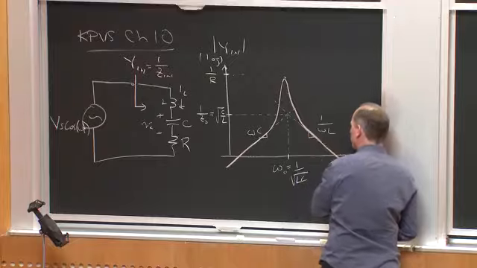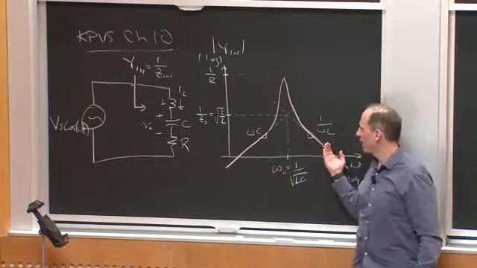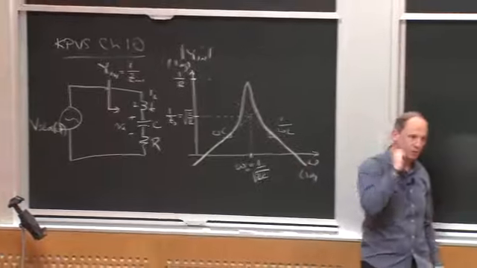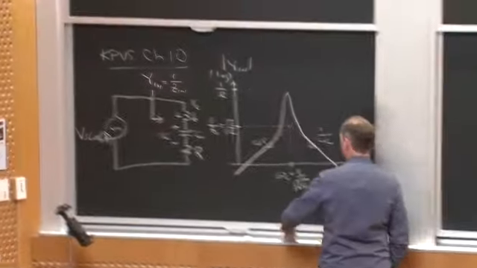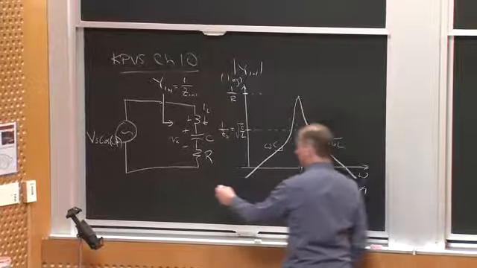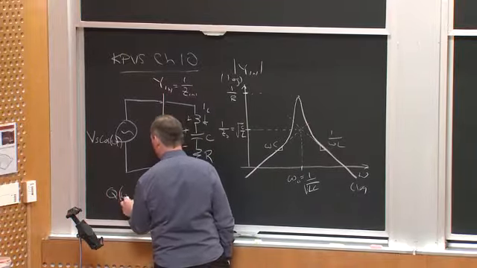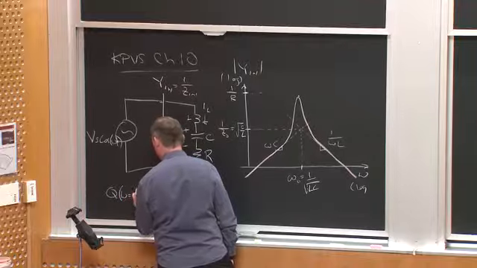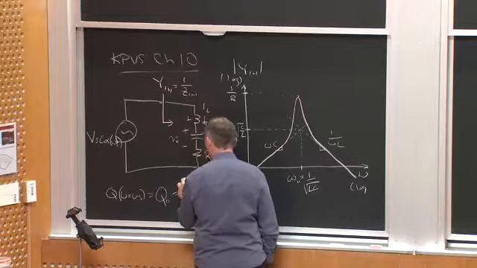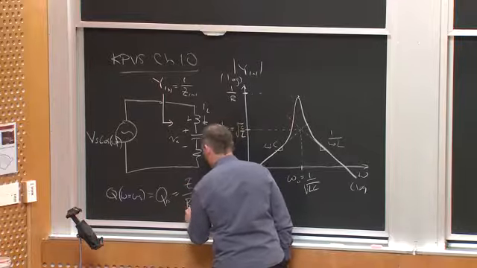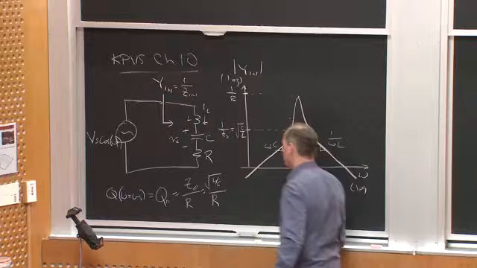And then it falls. And we said, okay, if we have a high Q network, a high quality factor network, which we said the quality factor Q of the network evaluated at omega equals omega naught, which we might call Q naught, is equal to Z naught over R, or the square root of L over C over R, okay?